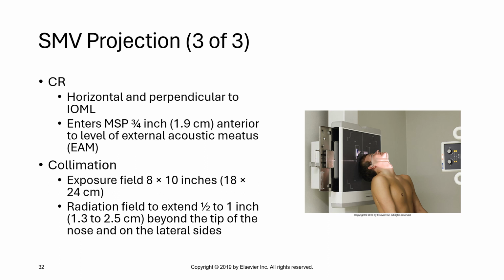Do include the nasal cavity in its entirety, and include the shadow of the lateral aspect of the head on both sides. Are you going to get all the way to the back of the skull? Probably not. But if you're centered at the gonion and extending collimation beyond the tip of the nose, you're going to get the frontal sinuses beyond the tip of the nose, and sphenoid sinuses if you're centered at the gonion.